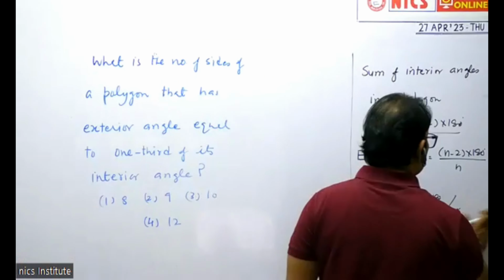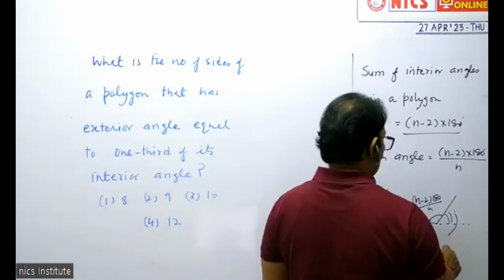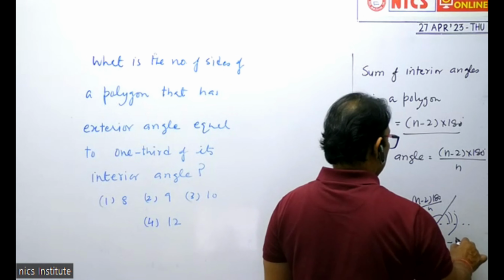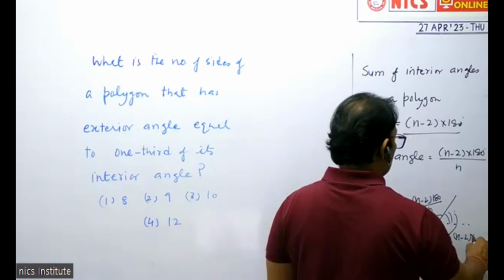Exterior angle would be 180 minus (n minus 2) into 180 by n.